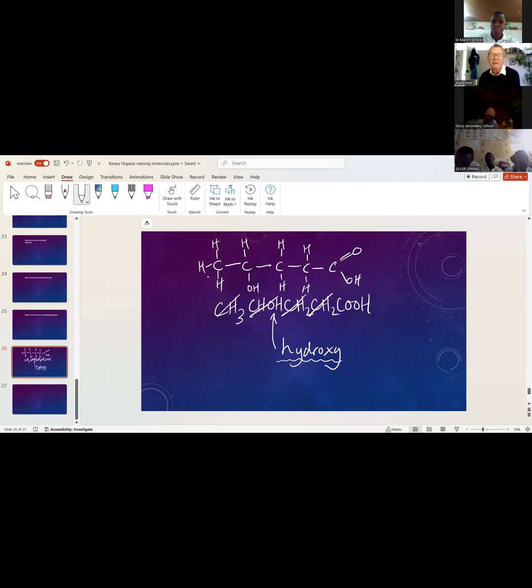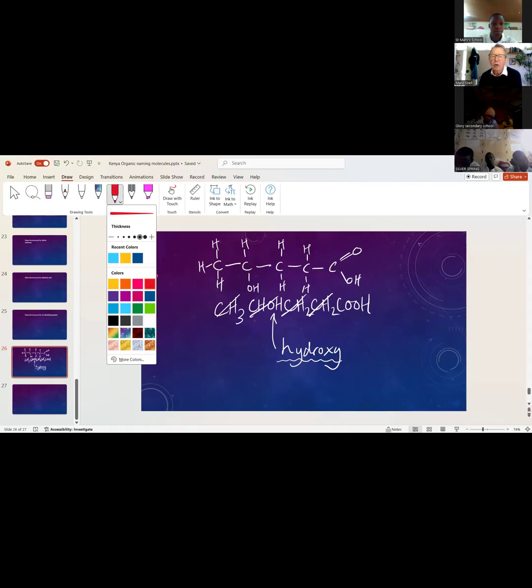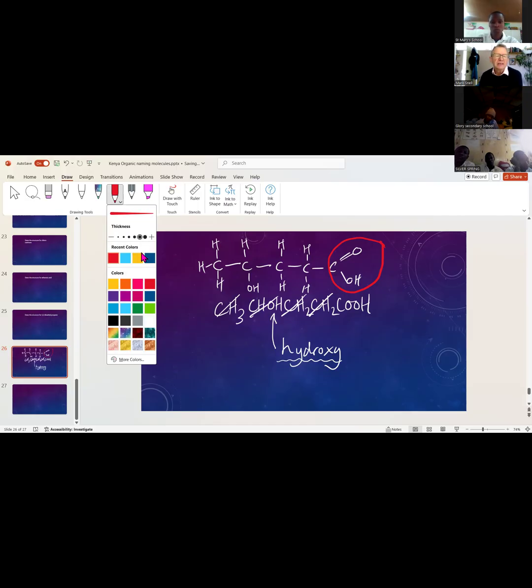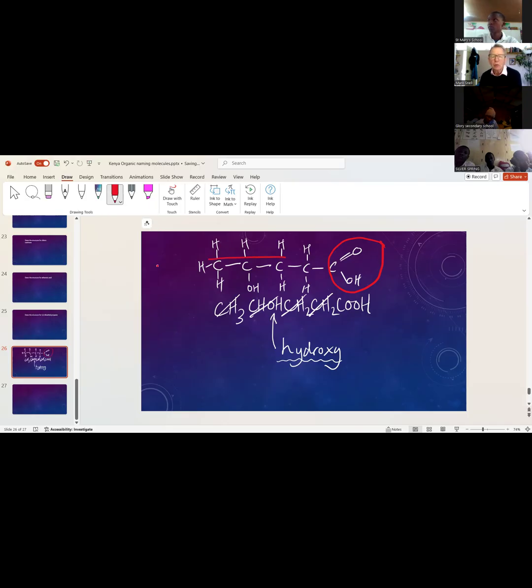Well, we've already had one answer, so I'm going to move on a little bit. So I'm going to do what I say you should do each time. So the first thing is I look for the functional group, and alkanoic acid is more important than an alcohol. Then I look for the longest continuous carbon chain. That is this one here. I number them 1, 2, 3, 4, 5.